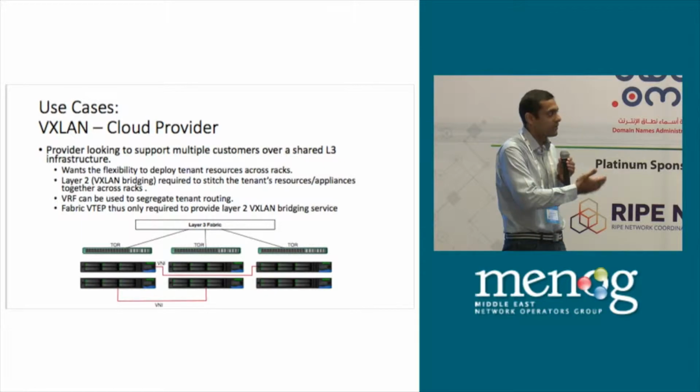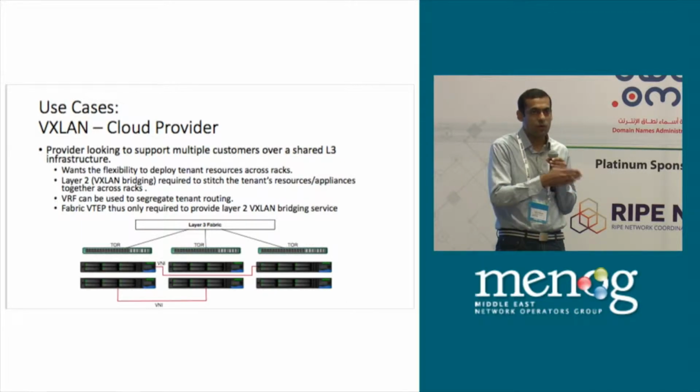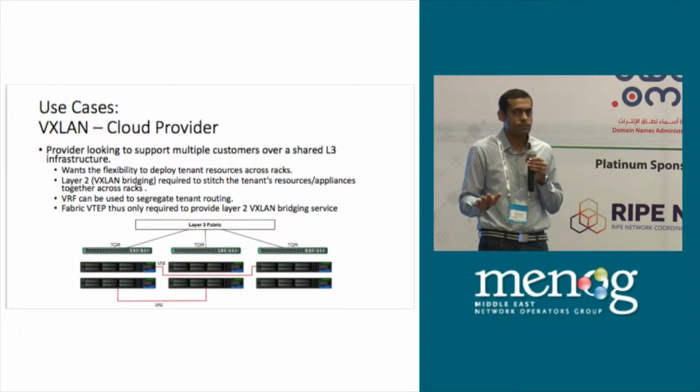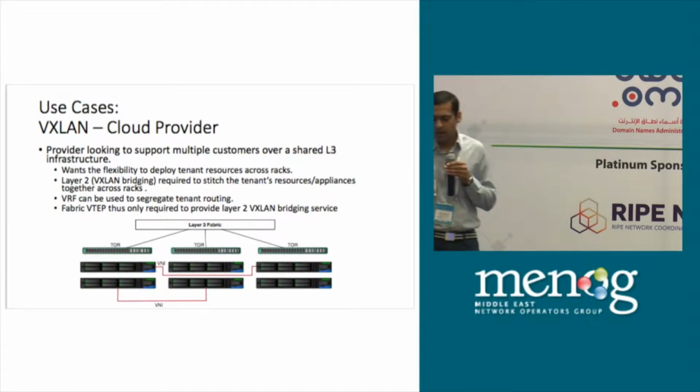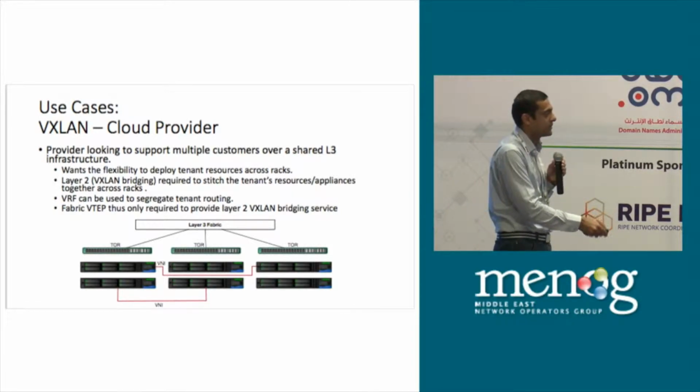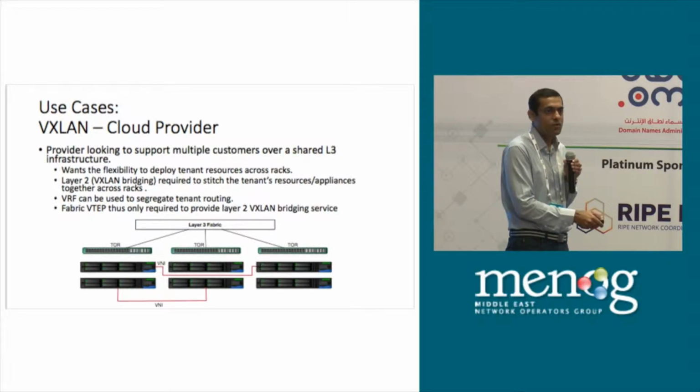And if you have multiple racks of servers and you want to provide VMs without any boundaries, you need VXLAN. If you create a layer 2 domain with VXLAN, one VM can reside on one rack, the other VM can reside on the other rack, and between these two racks you can create a VXLAN. For a customer, it's transparent.